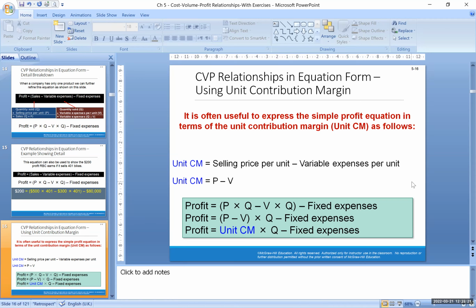Q times (P minus V), which is the contribution margin per 1 unit, minus the fixed cost, is equal to the profit. So we will use this equation: profit is equal to the contribution margin per one unit multiplied by Q, all minus total fixed costs. And remember that the unit contribution margin refers to price minus variable cost per 1 unit.